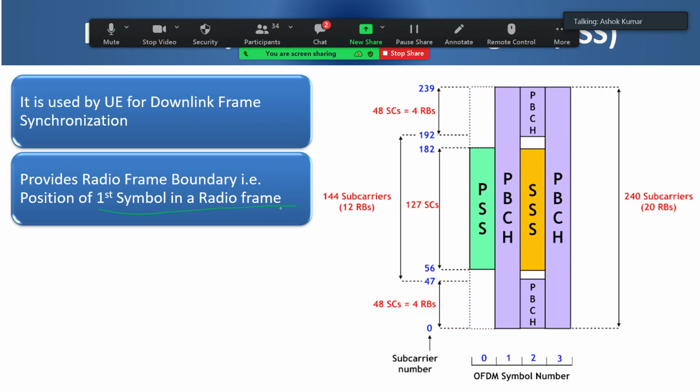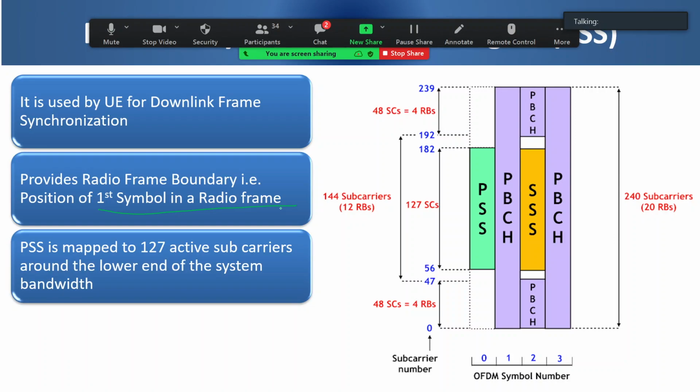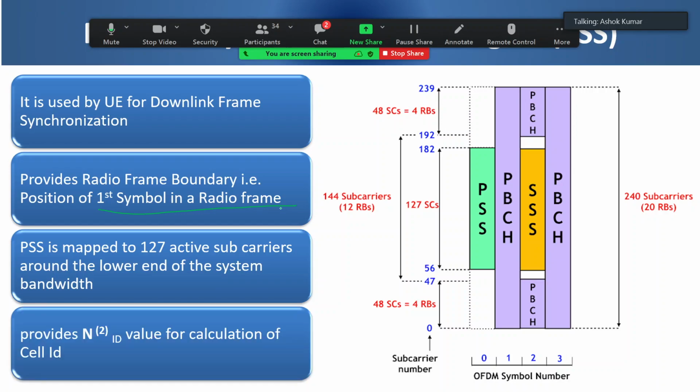In terms of time, your device will be able to time synchronize with the first symbol in a radio frame. We have already talked about this PSS being in 127 subcarriers, and it also provides a value called N2, which will be used for calculating the physical cell ID. We will do that in subsequent slides. So this is PSS.